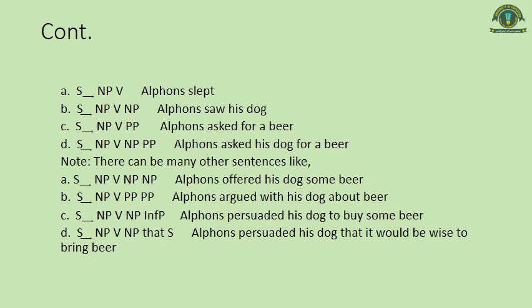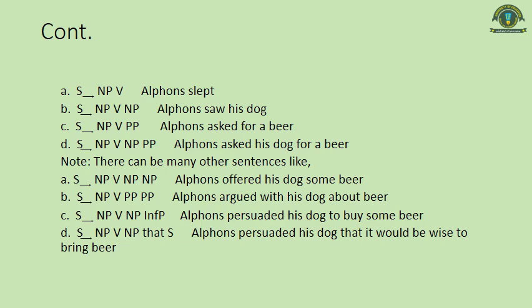So unlike the first example where the noun phrases are duplicated, here the prepositional phrases are dual. They are in double forms. With his dog is the first one, and the second prepositional phrase is about beer.